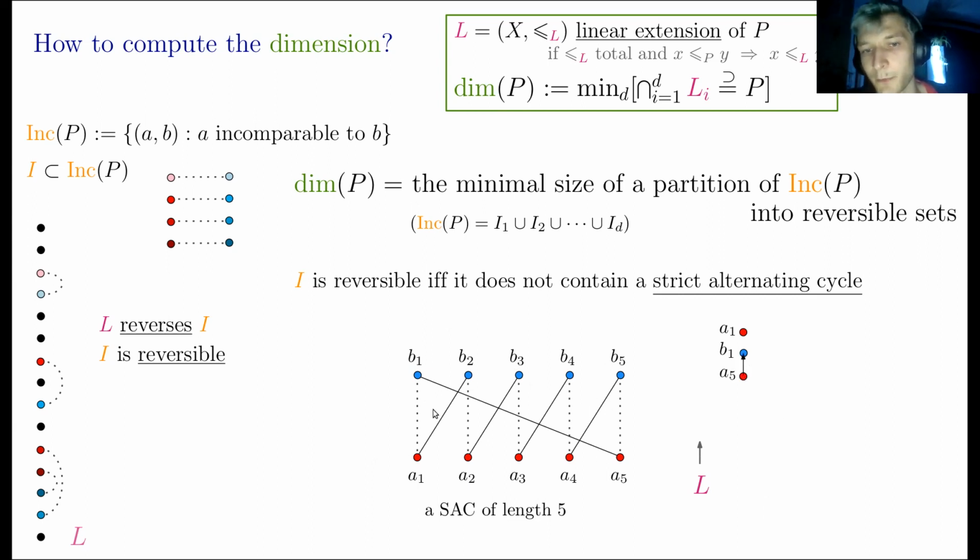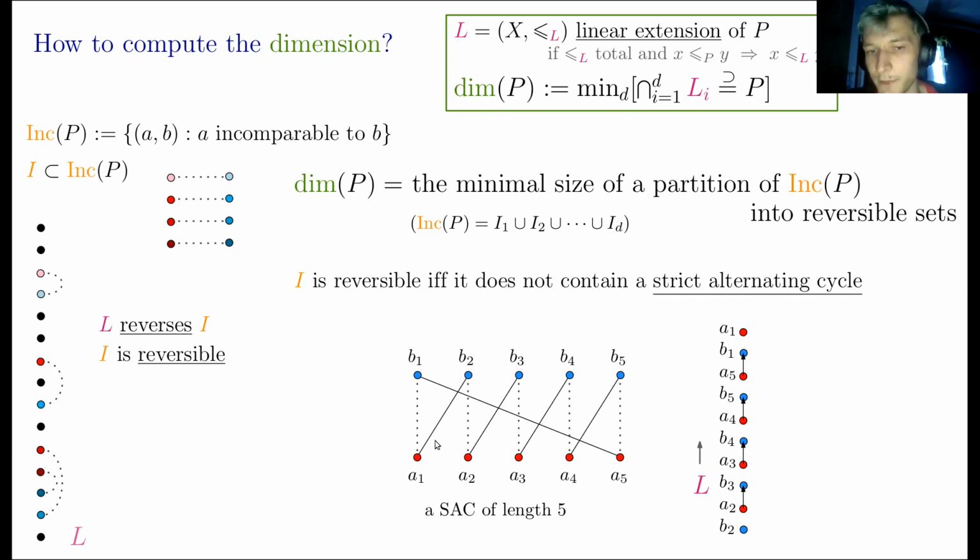But B1 is above A5 in the poset, so it has to be preserved. But A5, B5 is reversed, so B5 is lower. But B5 is above A4, so we have this, and so on. So A4, B4, B4, A3, yes, we go this way. A3, B3 is reversed, B3, A2 in the poset, A2, B2 reversed.